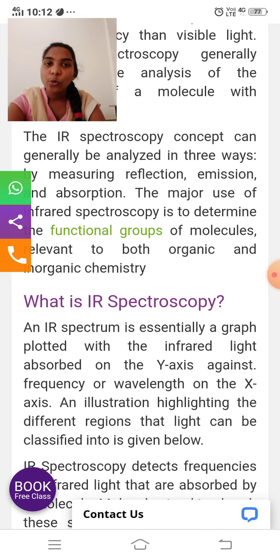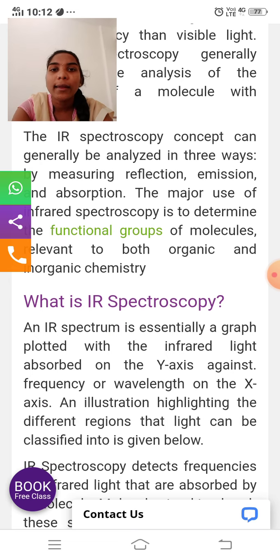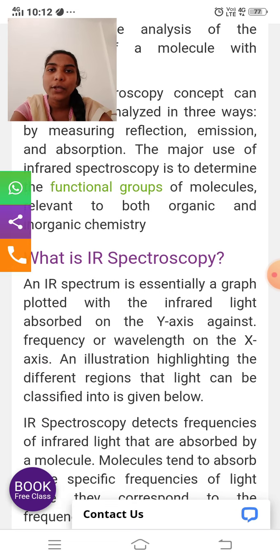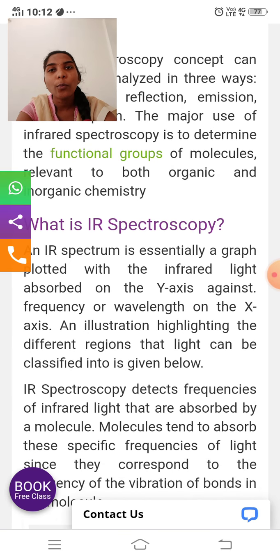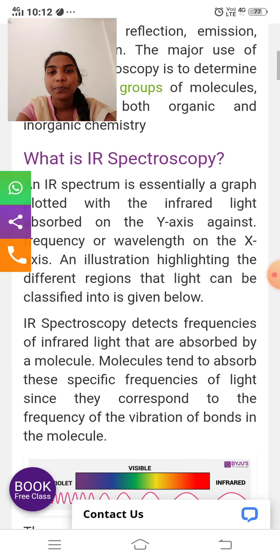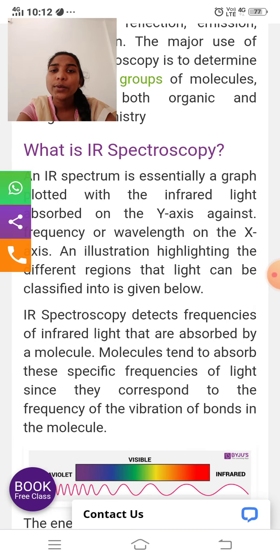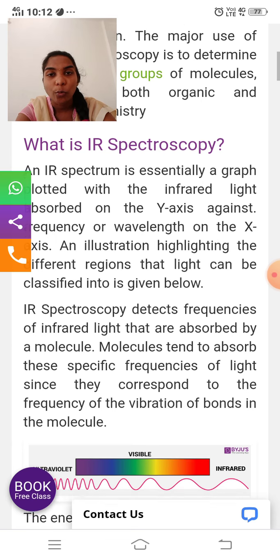The IR spectroscopy concept can generally be analyzed in three ways: by measuring reflection, emission and absorption. The major use of infrared spectroscopy is to determine the functional group of a molecule, relevant to both organic and inorganic chemistry. The first question is, what is IR spectroscopy?